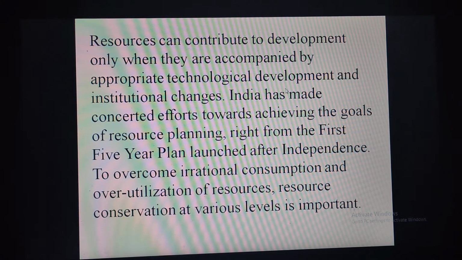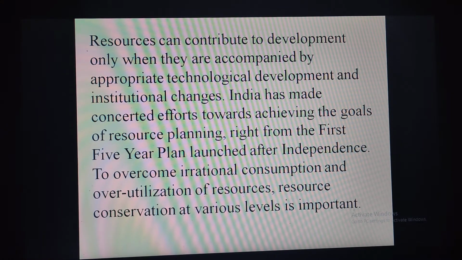India has made concerted efforts toward achieving the goal of resource planning right from the first 5-year plan launched after independence. To overcome irrational consumption and overutilization of resources, resource conservation at various levels is important. Obviously, resources are scarce. As you have seen earlier, there are renewable resources and non-renewable resources.